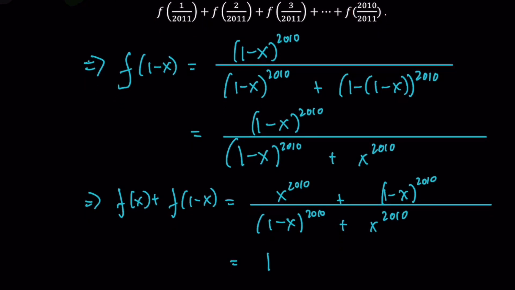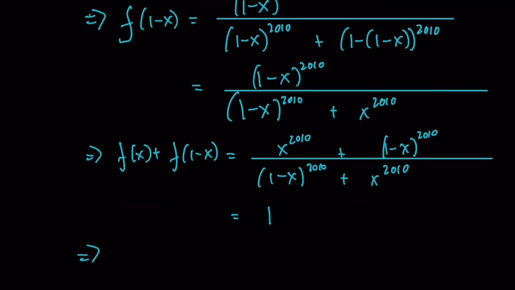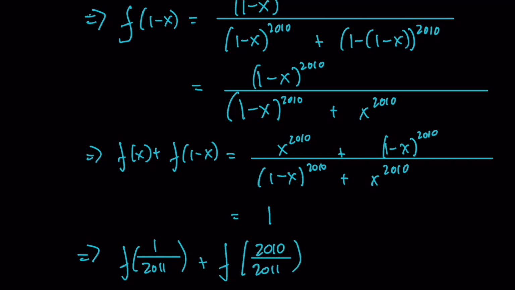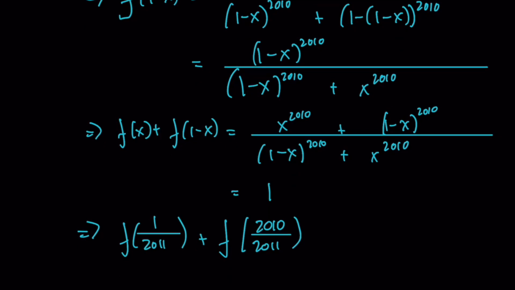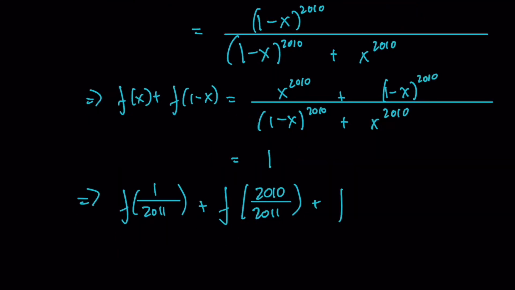In other words, I can rearrange this sum to be f(1 over 2011) plus f(2010 over 2011). So I'll go with the first and the last, second and the second last. Right. I pair each of them.